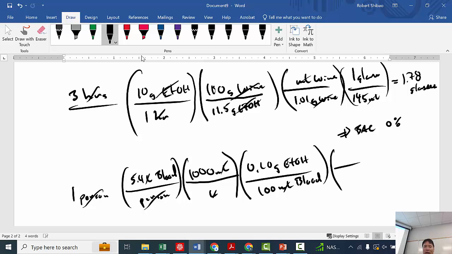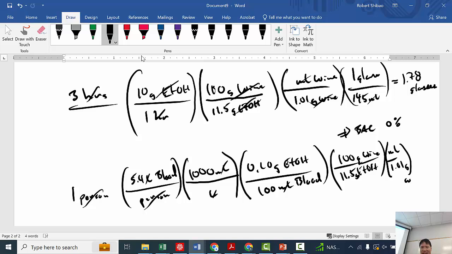And then I know that there are 11.5 grams of ethanol per 100 grams of wine. And then the density of the wine is every milliliter contains 1.01 grams.